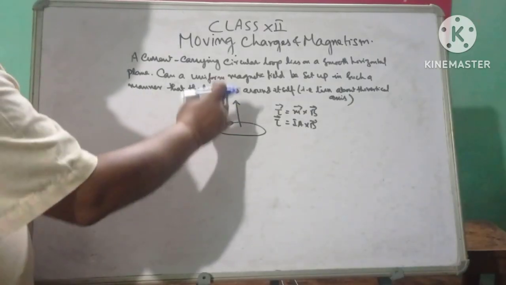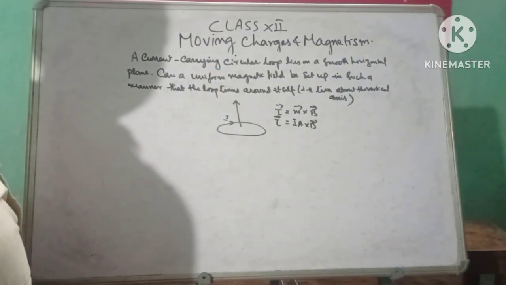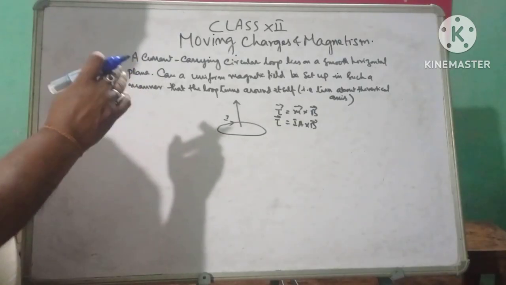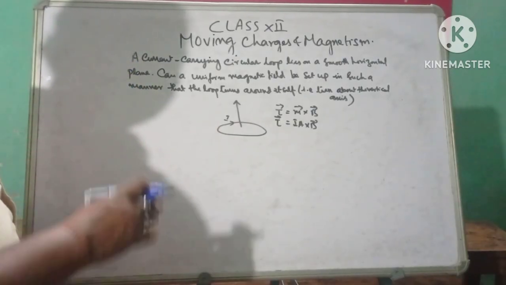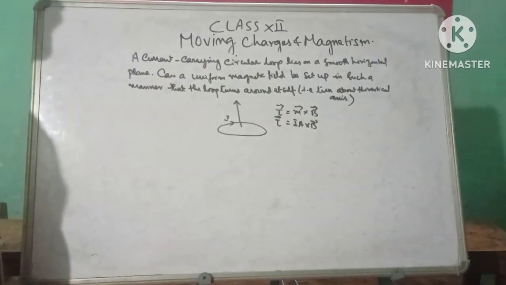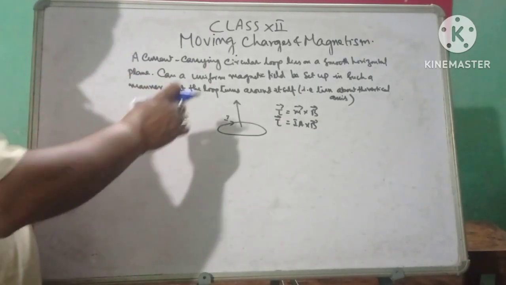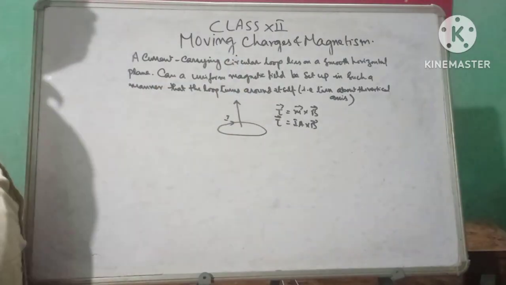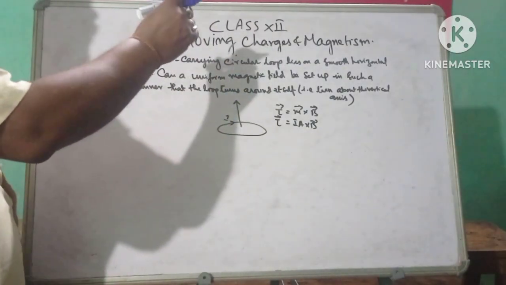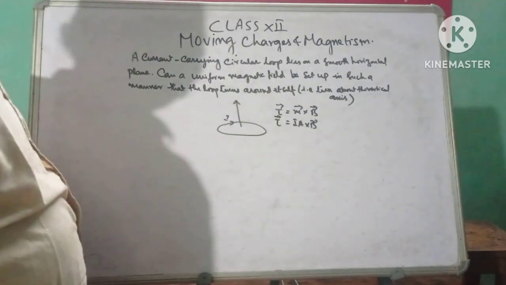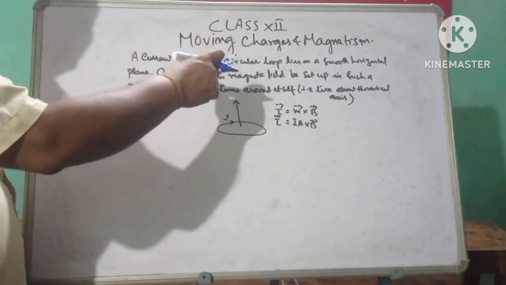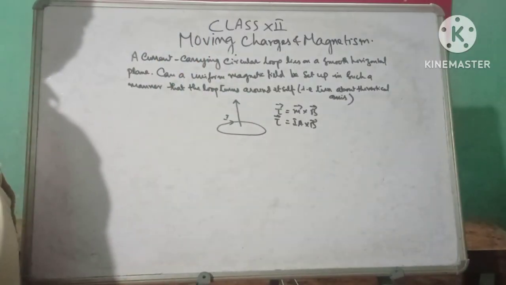So to create rotation, the torque must be in the vertical direction. You have learned in class 10 that torque must be in the vertical direction to rotate a screw.